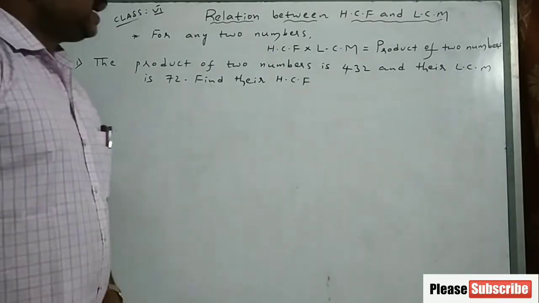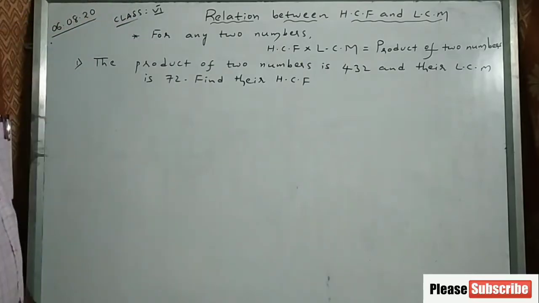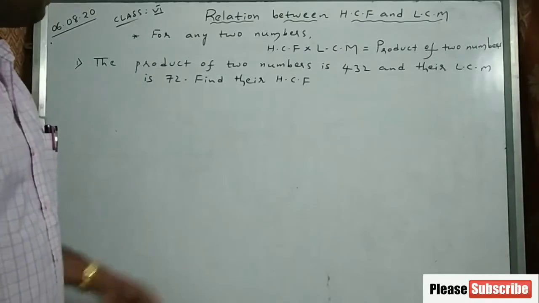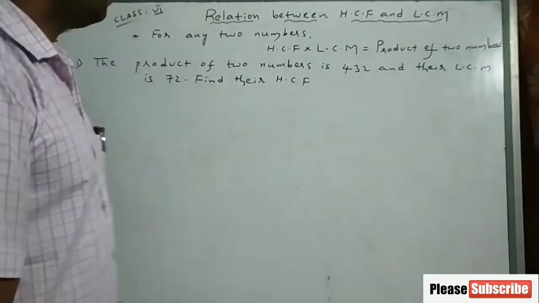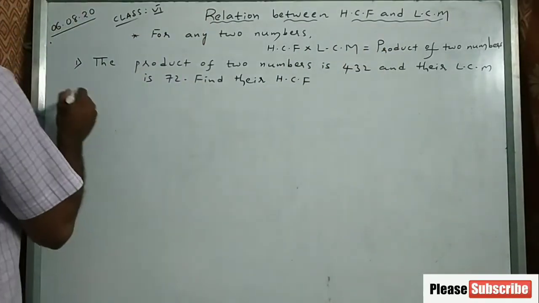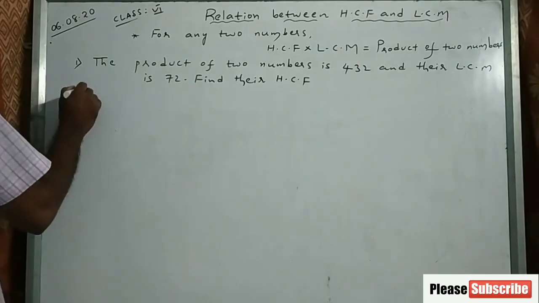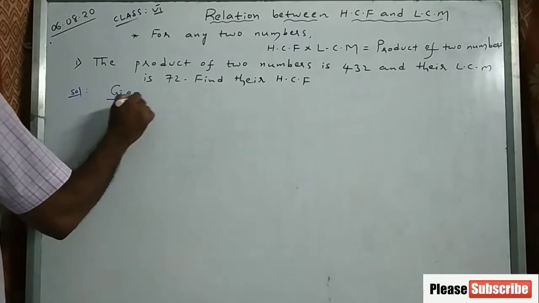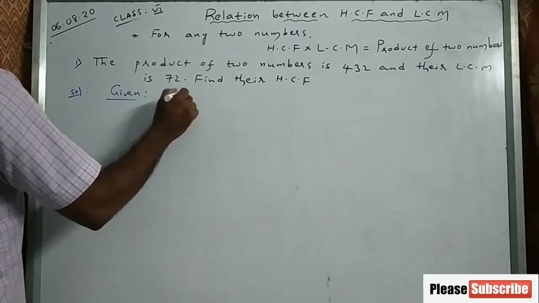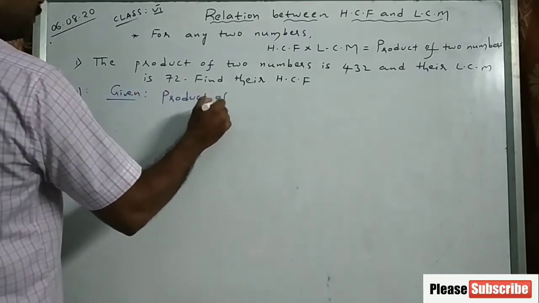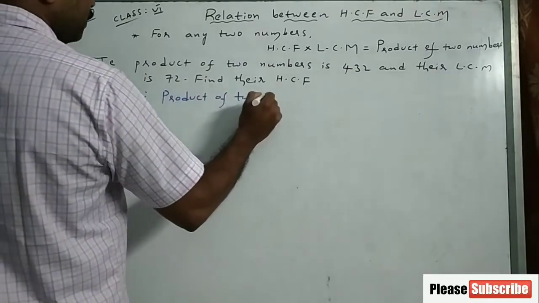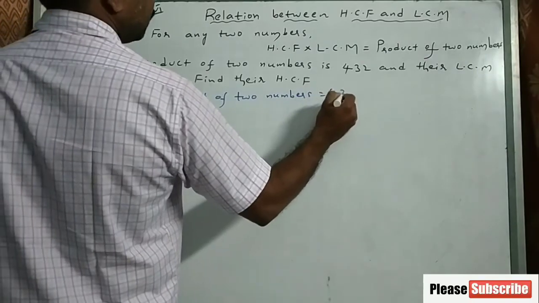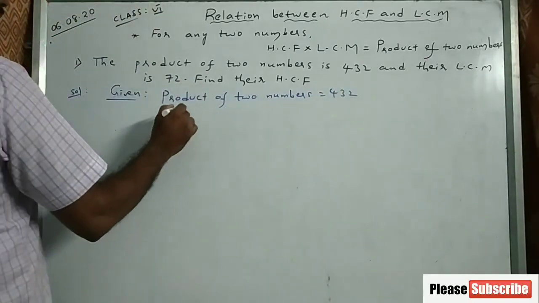What did I tell you the relation between HCF and LCM? HCF into LCM, product of HCF and LCM is equal to product of two numbers. So what is given here? Product of two numbers is given, and LCM is given.